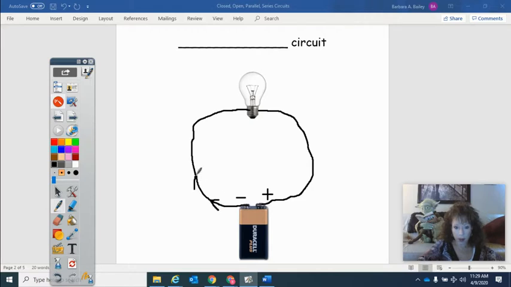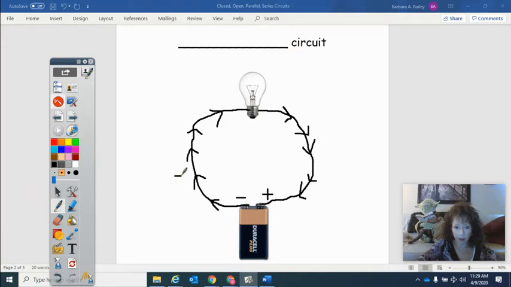So we're just going to show our arrows again, coming out of my battery, the negative terminal, going to my light bulb, and then it's got to make a complete return to the other terminal of the battery. If we just hooked up one end to the light bulb, it's not going to power the light bulb. Okay.